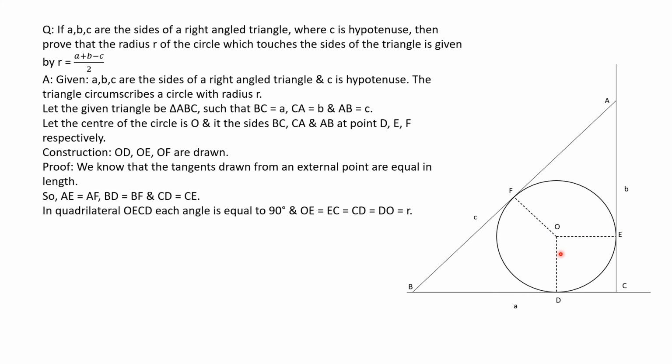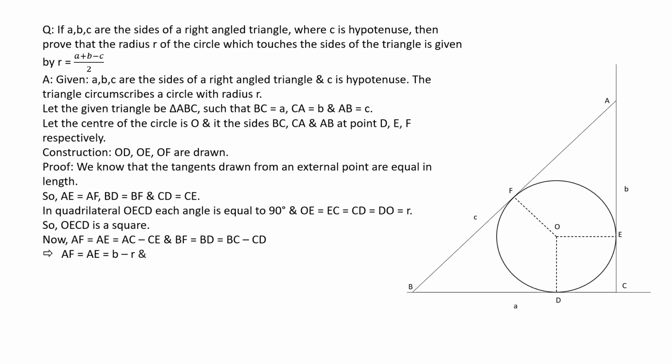So that means the neighboring sides are equal in length and all the angles are equal to 90 degrees. So you can say OECD is a square.